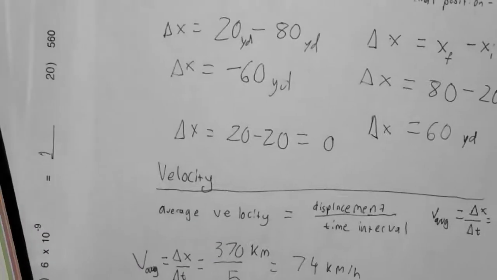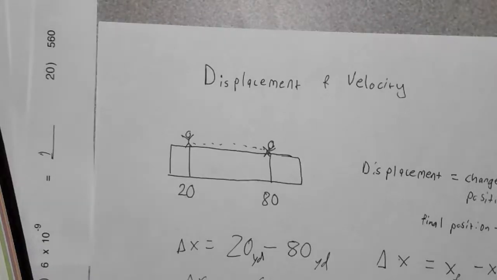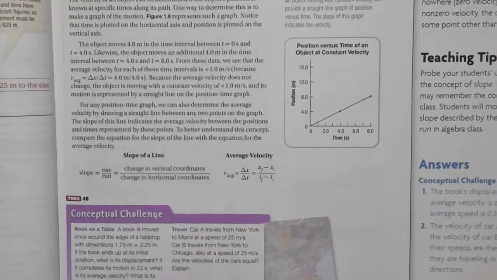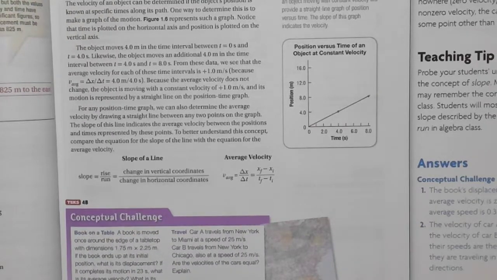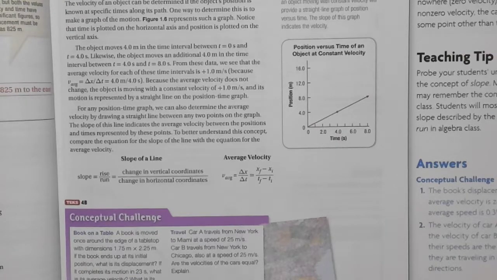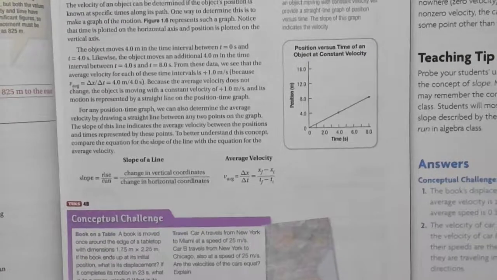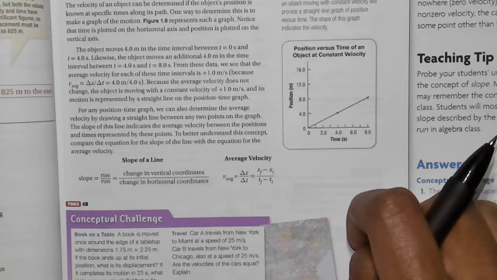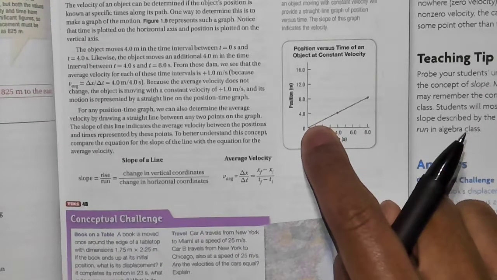So now I'll make one other note on the subject of displacement and velocity. We're going to oftentimes look at things graphically. Here's a graph. Sometimes we're going to graph position versus time, which will give us an idea of the displacement over time. Looking at a position versus time graph, whenever it's a constant velocity, you can look at the graph and tell the velocity by taking the slope.